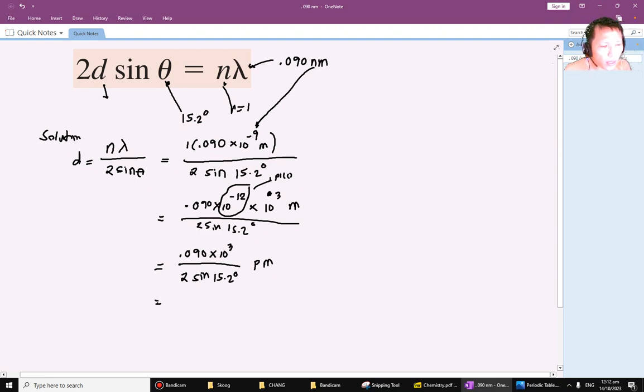So, you get the calculator. You get the calculator, 0.090 exponent 3. And then you divide it by 2 sine 15.2 degrees. So the answer would be 172 picometers.